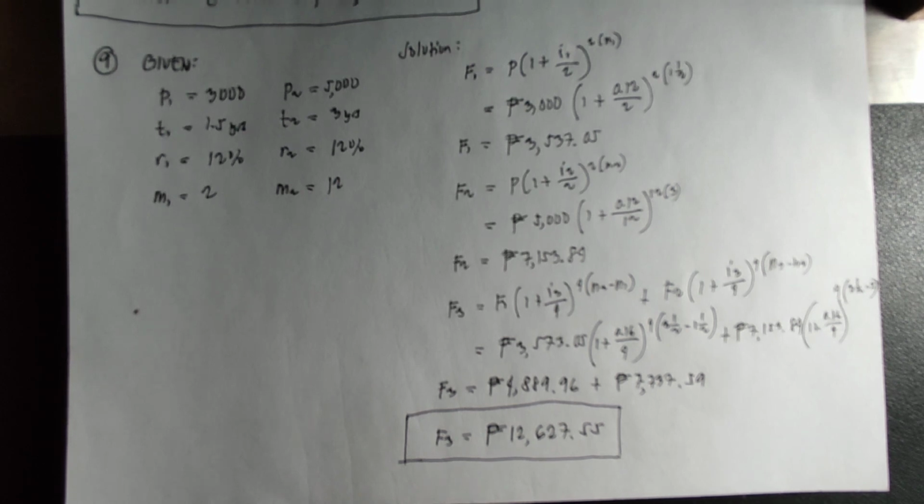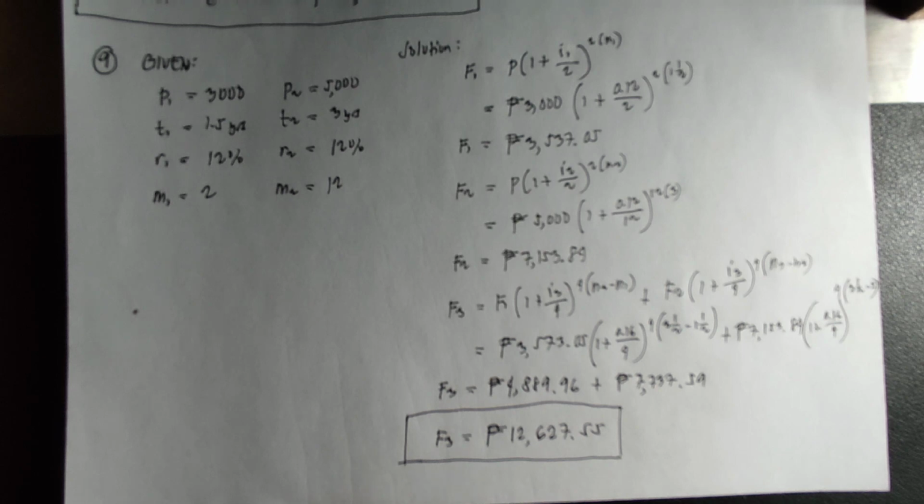Then m sub 1 is equal to 2 and m sub 2 is equal to 12. So for the solution, we will use F sub 1, or F is equal to P multiplied to the quantity of 1 plus i over 2 raised to 2 times n sub 1.